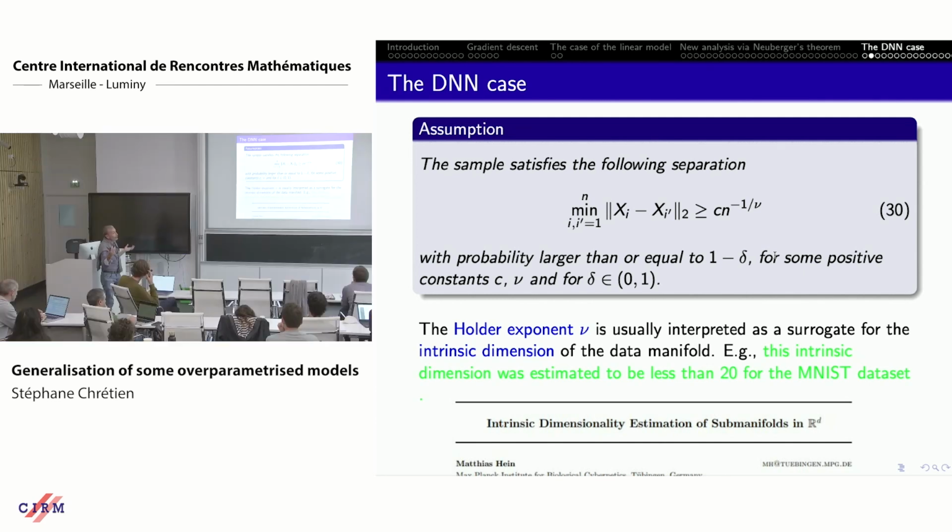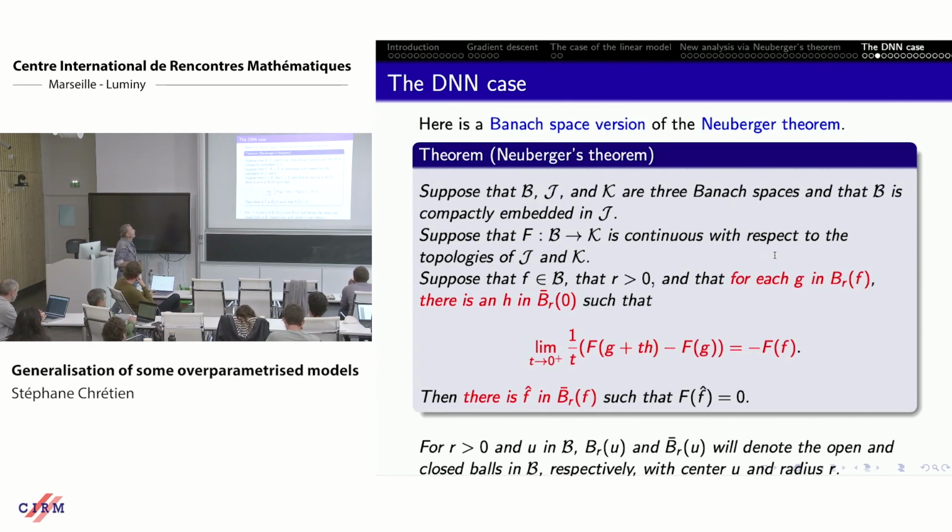So the idea is that when you think about data as data over a manifold, then the dimensionality is much less than what you think, and we should try and leverage this. There is a version of Nash-Moser's theorem which applies to Banach spaces as well, and it's exactly the same principle.